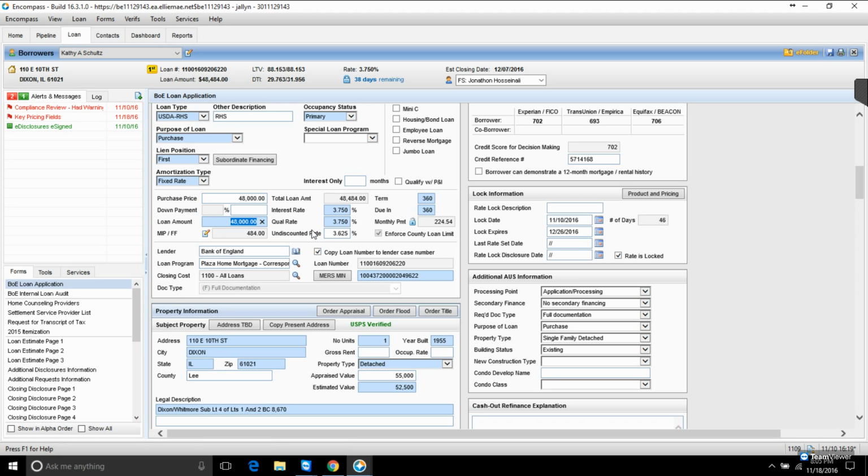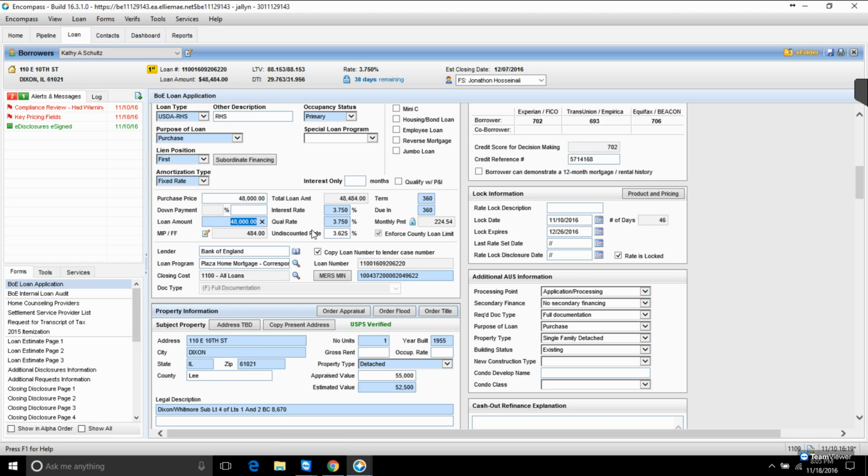Now remember that when it comes to ratios, it's kind of an art. You need to get the rate down to get the ratios to work. If the house appraises for more, that's a perfect opportunity, because then you can take the loan amount up.